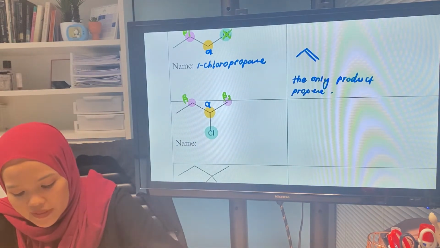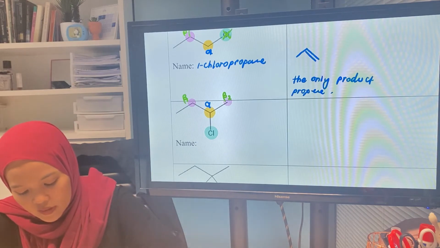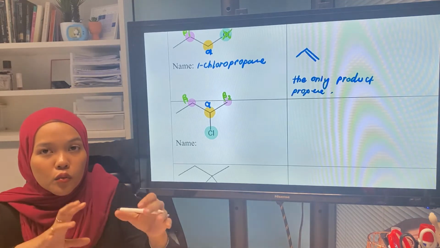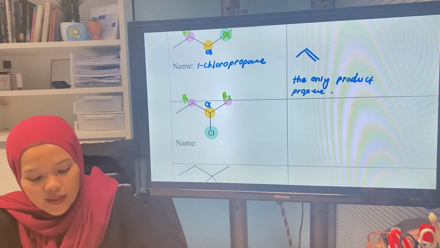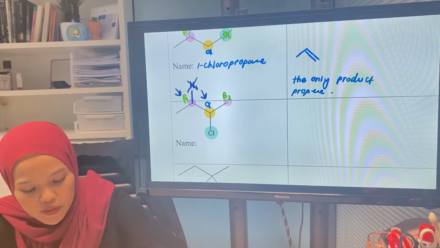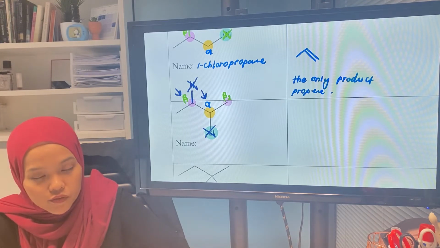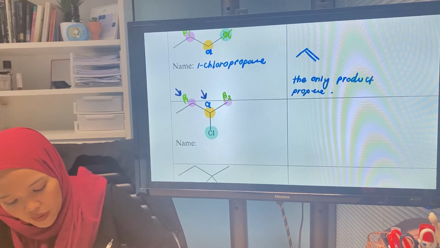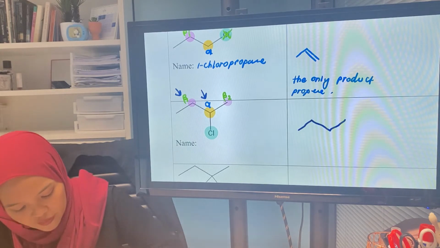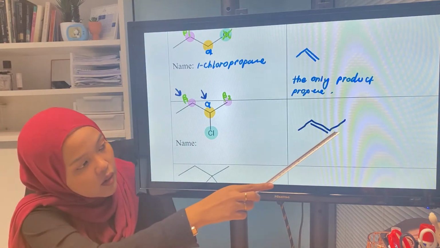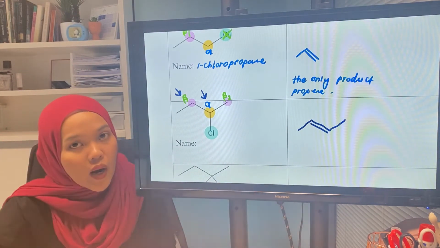Now it is time to draw the product. What is going to be the product of this elimination? You need to do it one by one. Let us take the one between the alpha carbon and beta 1, meaning the hydrogen attached to it is removed and the Cl is removed. We are going to have it like this, because this is your alpha carbon and this is your beta 1 carbon.